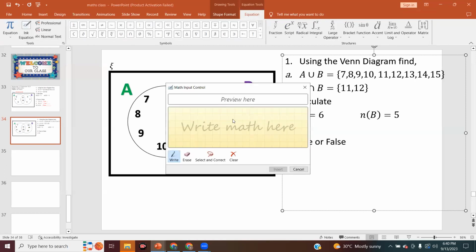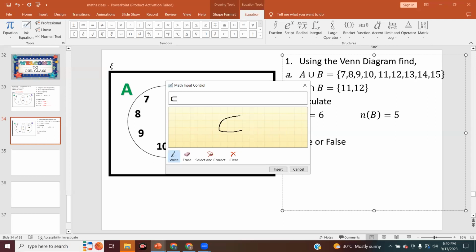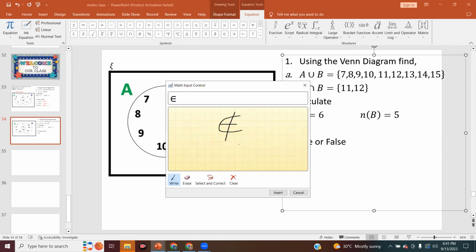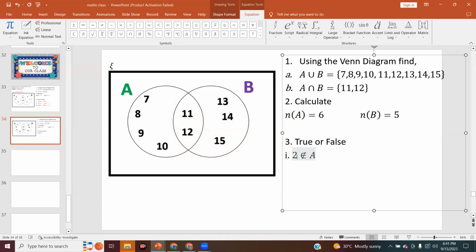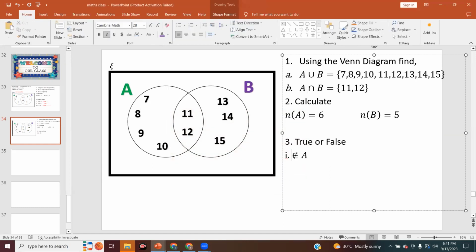This one says 8 is not an element of A. Put your answer inside the chat, please. 8 is not an element of A. Is that true or is that false? I want everyone to answer.